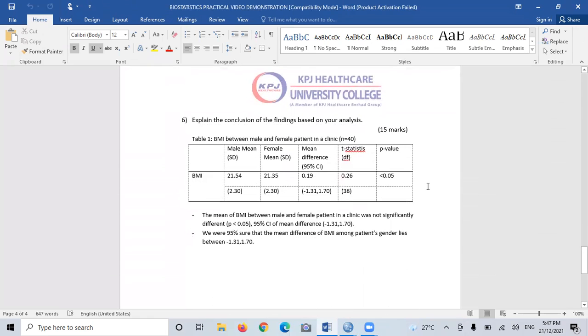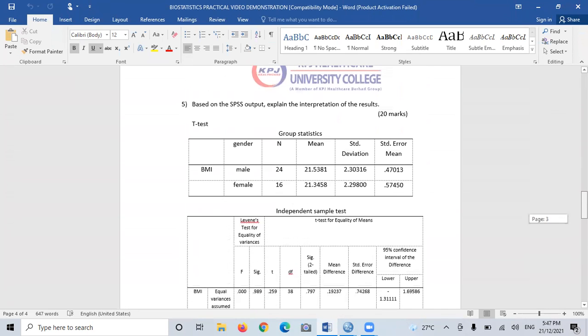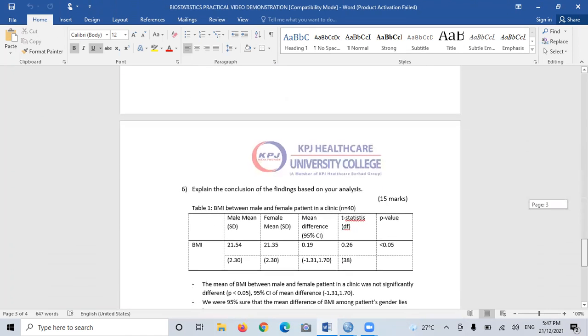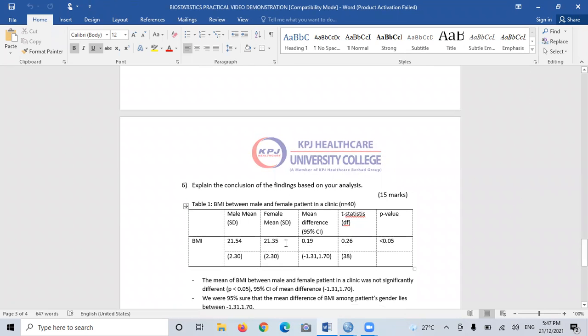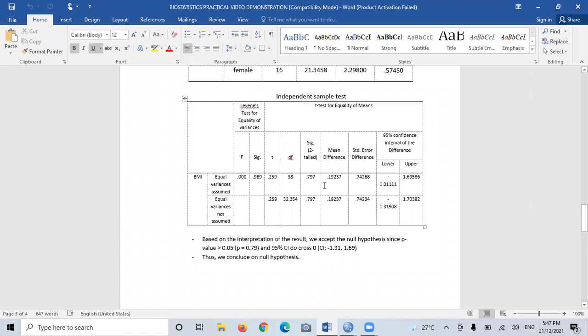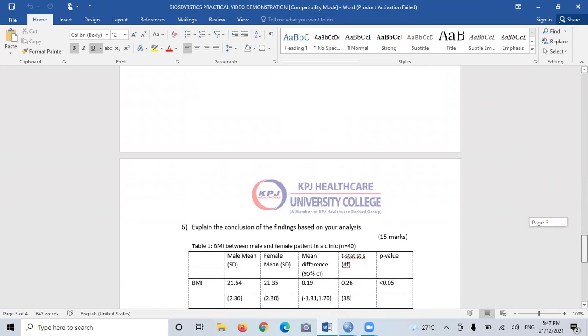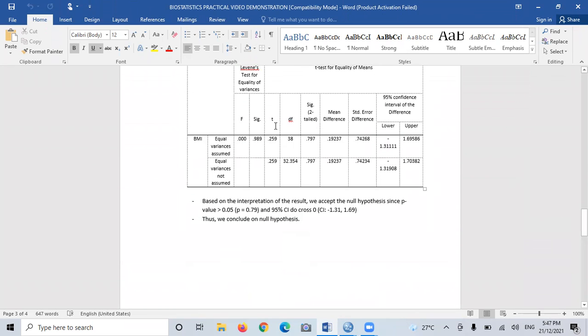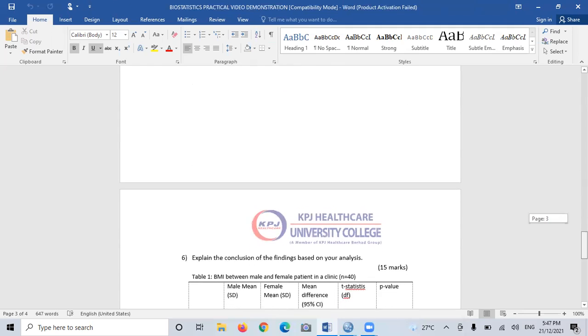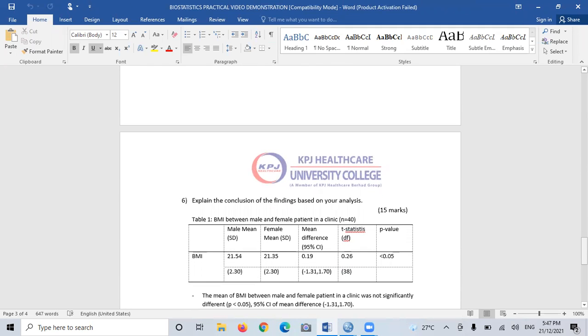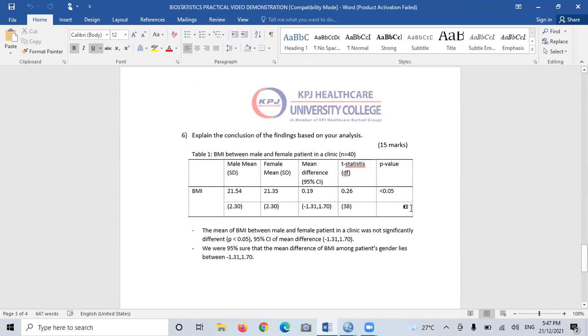For the last question, explain the conclusion on the finding based on your analysis. This is the male mean. We get the mean and the standard deviation in brackets from the group statistics, and the mean difference we get from here. And the t we also get from here. The p-value is more than 0.05.